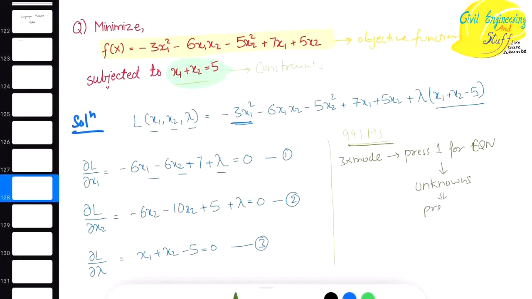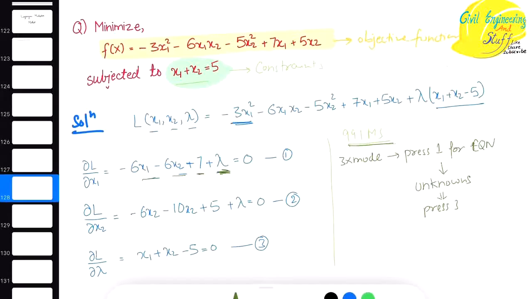Okay, so if you've done everything right, it is going to ask for a1, a2, a3, or a, b, c, something like this. It will ask for all the variables a, b, c and d.